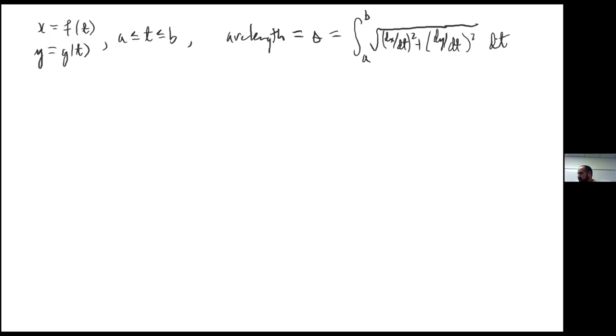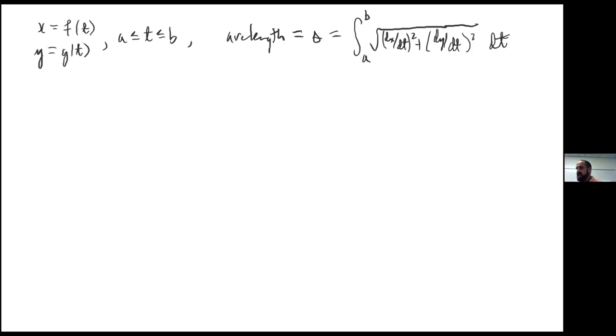Now that can make for some pretty gnarly integrals because you have that unfortunate square root sitting there. By the way, the proof of this isn't all that difficult. It has to do once again with the Pythagorean theorem. You think of dx as a tiny distance in x and dy as a tiny distance in y.